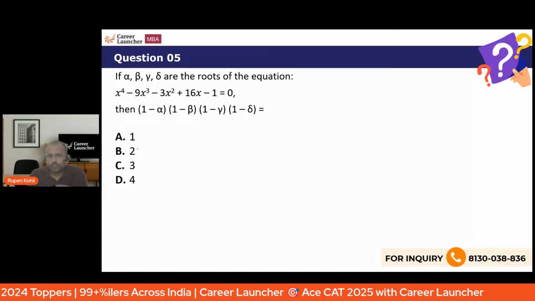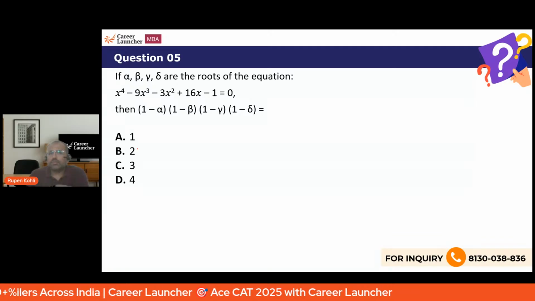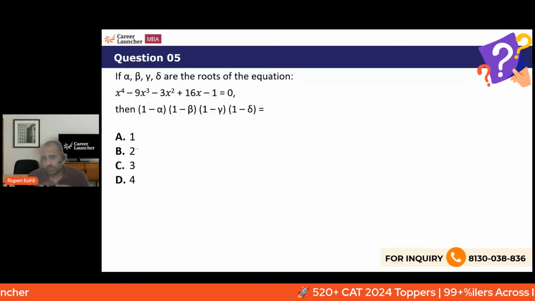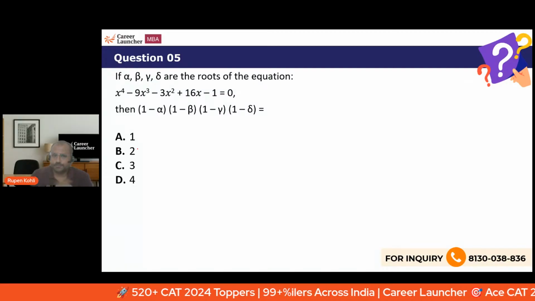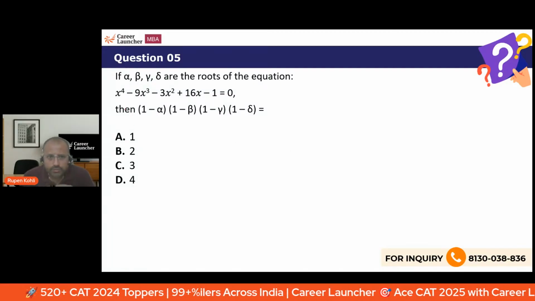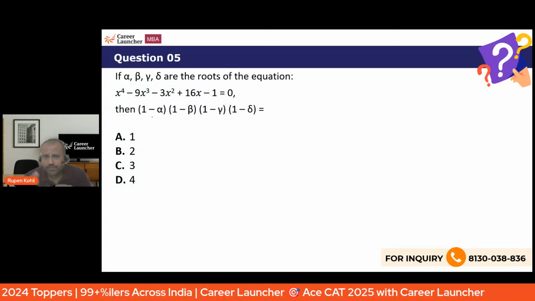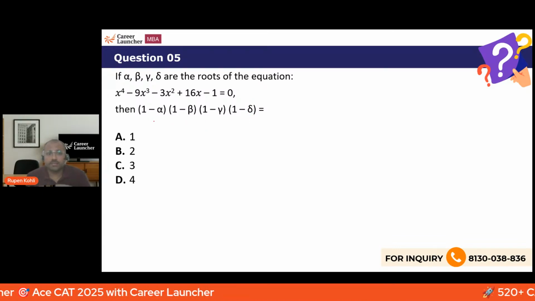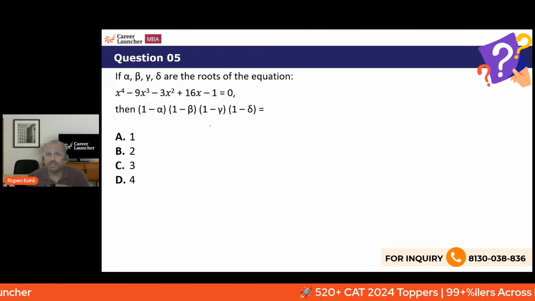Now to do this one, we need to be very clear with the concept of higher order polynomials and their roots, and the factorization concept. The first thing that strikes us is the symmetric way in which this expression is written, right? 1 minus the root and the product of all such things.